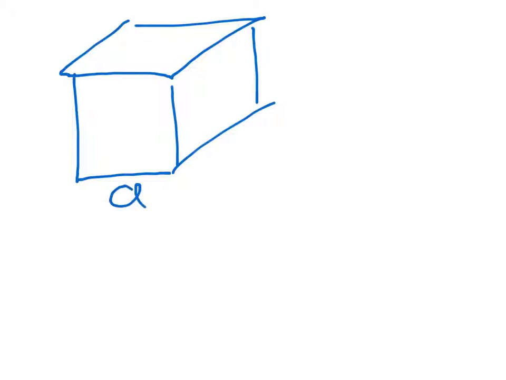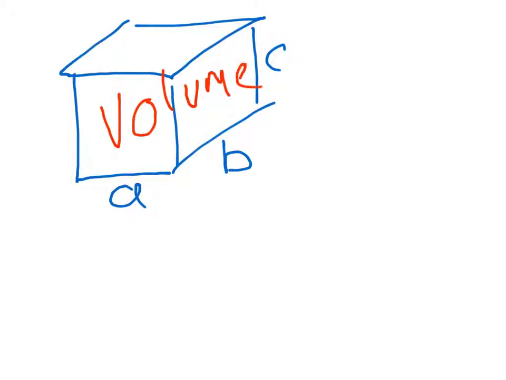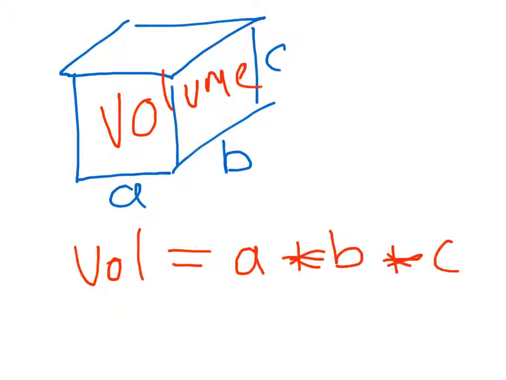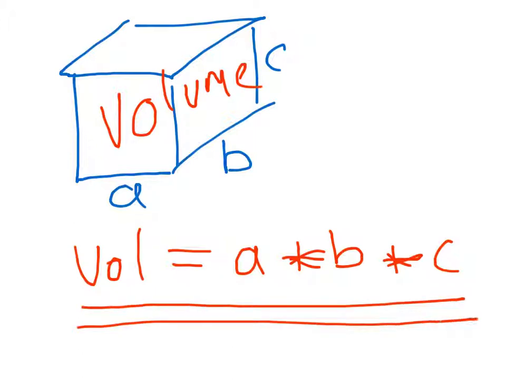We could call this one A, and we could call this one B, and we could call that one C. And if we wanted to work out the volume of the cube, you probably know that the volume is equal to A times B times C. Now if we wrote that in a program, we may even shorten it a little bit. For example, you may just write V equals A times B times C.